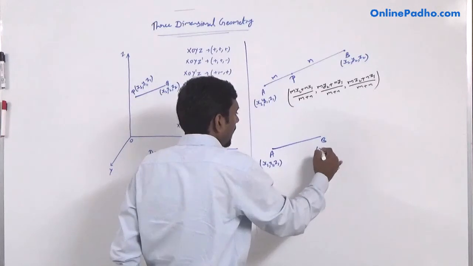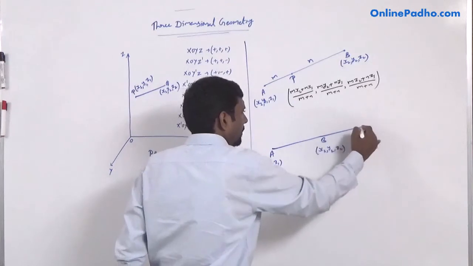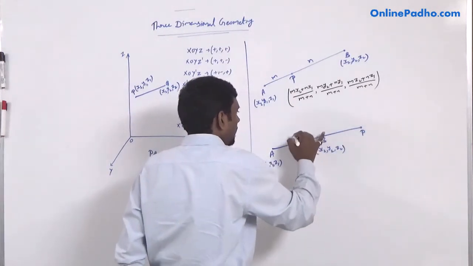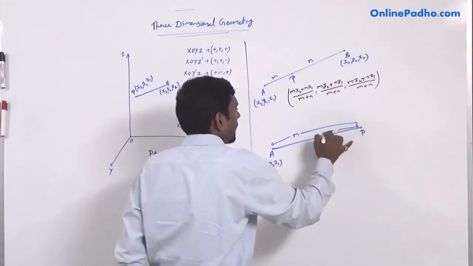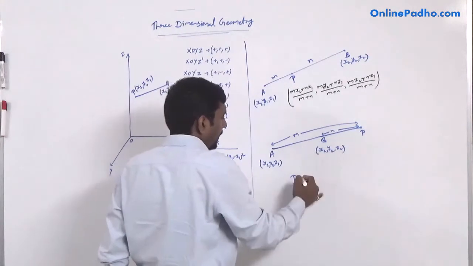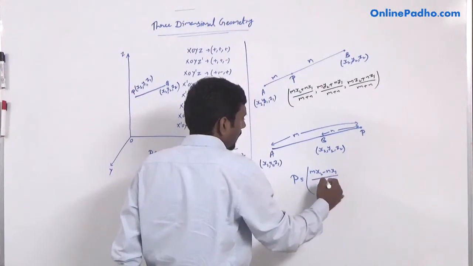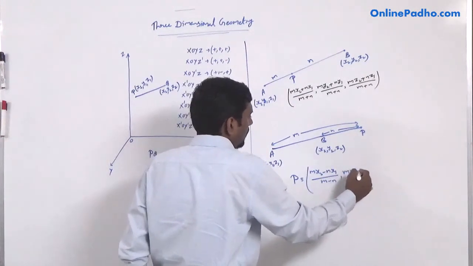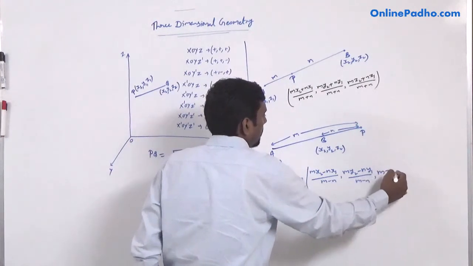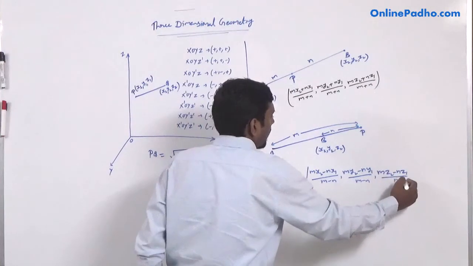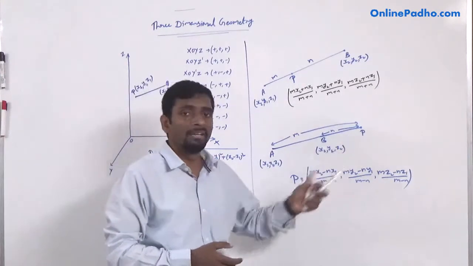Let's see, if we have 2 points (x1, y1, z1) and (x2, y2, z2), and point P is just outside the line AB and it divides in the ratio m:n externally, then the coordinate of point P can be written as (mx2 - nx1)/(m - n), (my2 - ny1)/(m - n), and (mz2 - nz1)/(m - n), right? So this is the coordinate of point P in the case of external division.